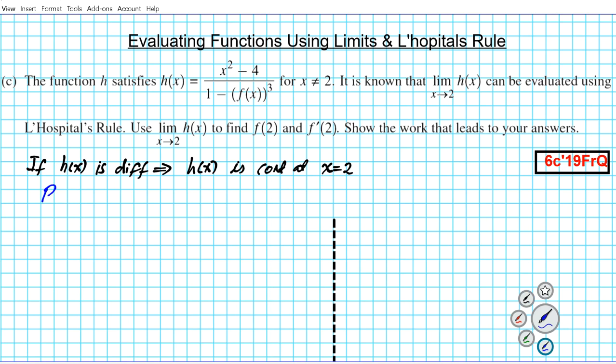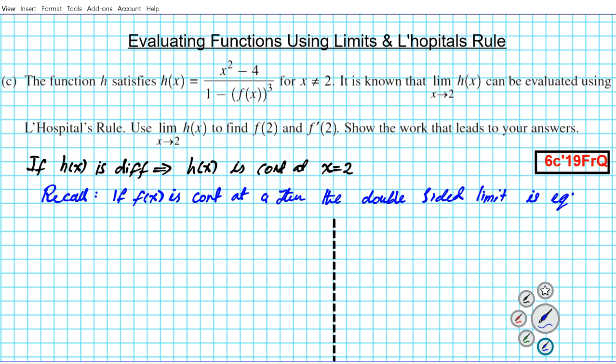Recall that if f of x is continuous at a, then the double-sided limit is equal to the value of the function at a.